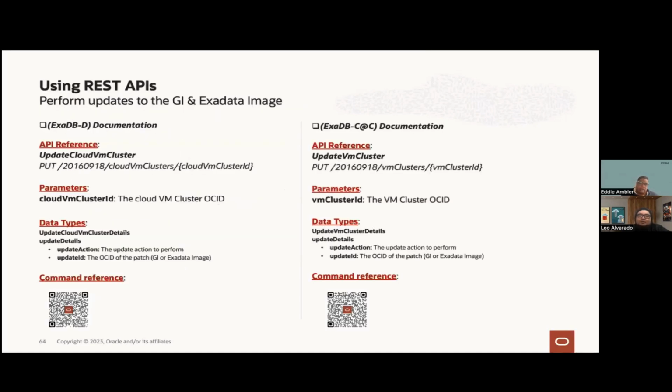And then we've also added here the QR codes that you can scan to redirect you to the API reference that we have used in the demo. So this is how you can update your cloud VM cluster. It shows both for Exadata Database Service on dedicated and Exadata Database Service on cloud customer.